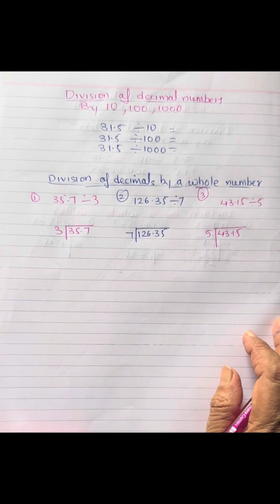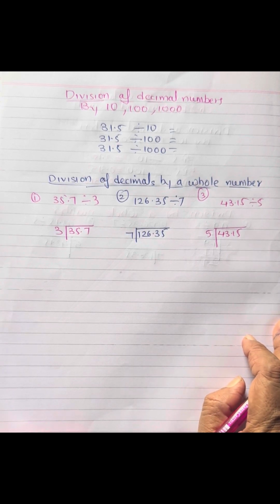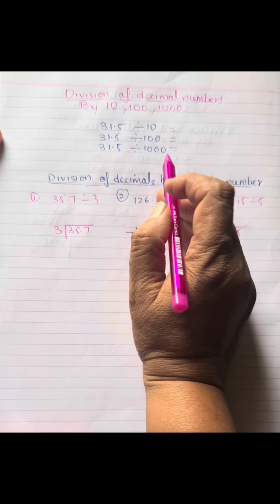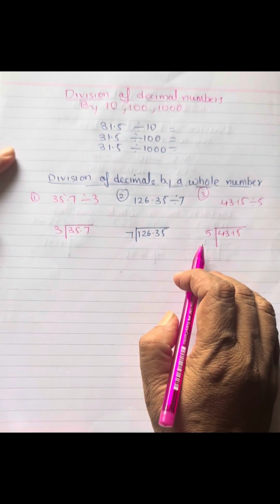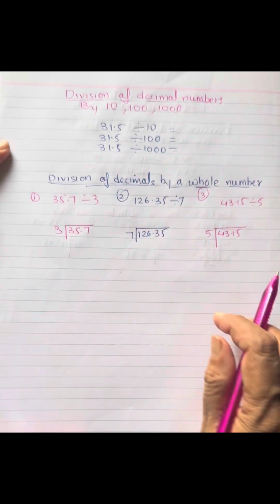So first we'll understand division of a decimal number by 10, 100, 1000 or multiples of 10. If you understand the rule, you will be able to divide by any multiple of 10, right? So 31.5 divided by 10. In multiplication, we were shifting the decimal point to the right.